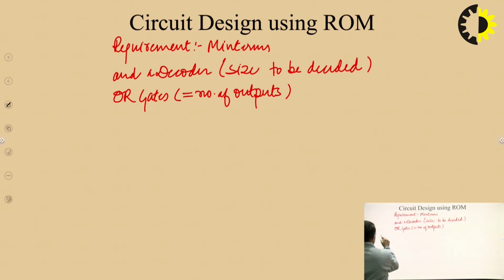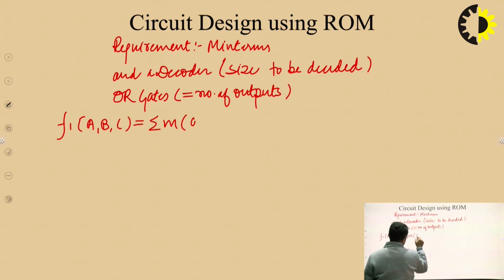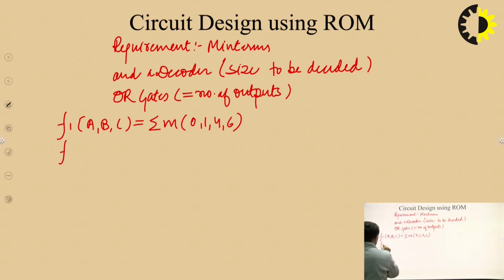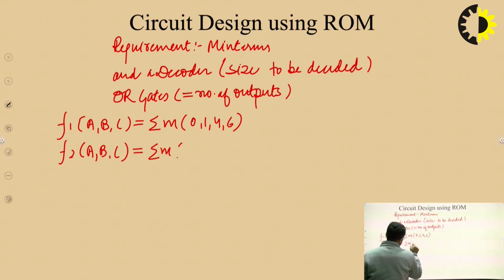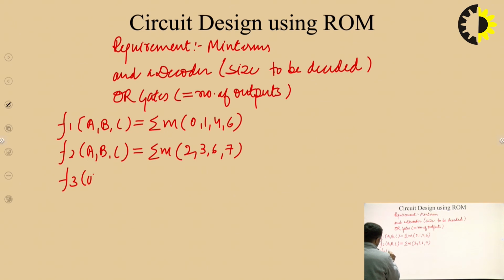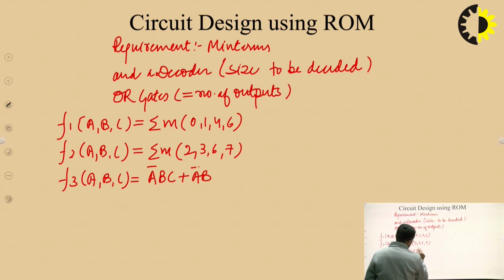Let's say we are provided with an expression F1(A,B,C) equal to summation m(0,1,4,6), and F2(A,B,C) is summation m(2,3,6,7), and F3(A,B,C) is given as A'BC + A'B'.